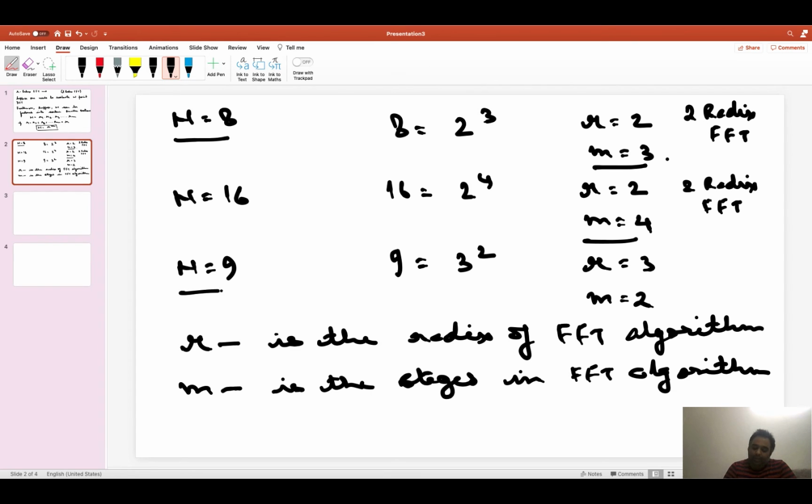N equal to 9, I can call this a 3-Radix or Radix 3 FFT with 2 stages. Right, so this is pretty straightforward. Whatever is written as base becomes the radix, and whatever is written as the exponent becomes the number of stages. The question is, what do you mean by the number of stages?